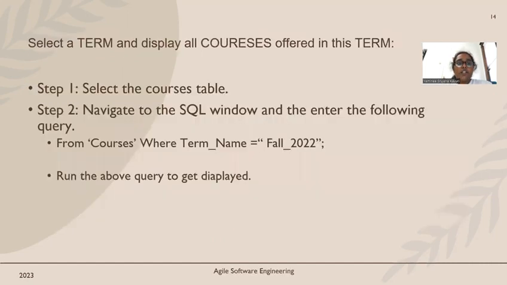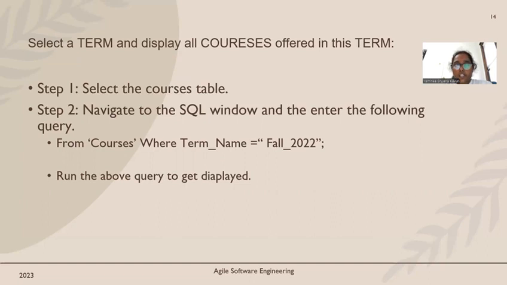Now coming to the other one, here we are asked number of courses. That means what courses are available in one particular term for the students to get registered. In order to achieve this, just select the course table and again navigate to SQL window for entering the query and getting the output. Just enter from courses where term name equals fall 2022. This is the query that is used to get the data.